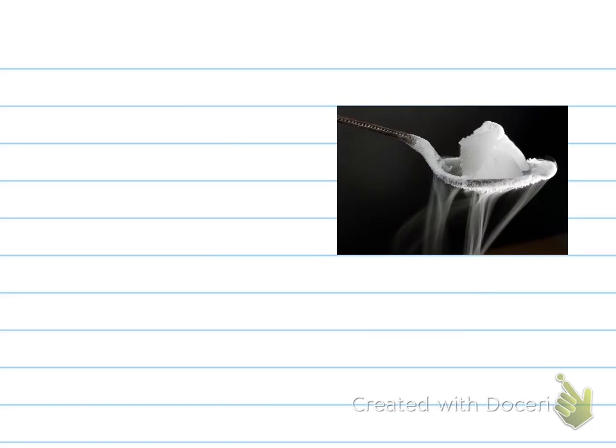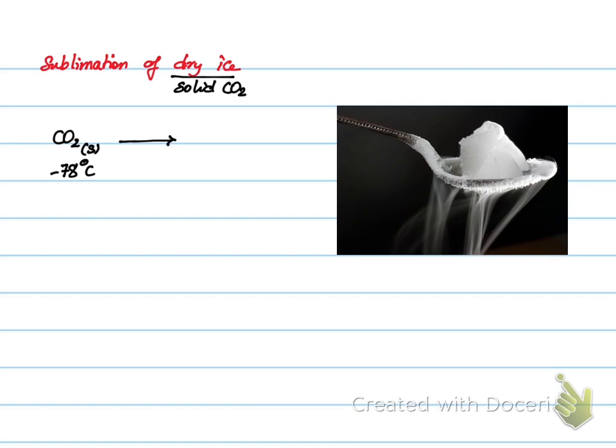The first example for sublimation is sublimation of dry ice. Dry ice is solid carbon dioxide. Solid carbon dioxide exists only below -78 degrees Celsius. If solid carbon dioxide, dry ice, is held in air, it sublimes.